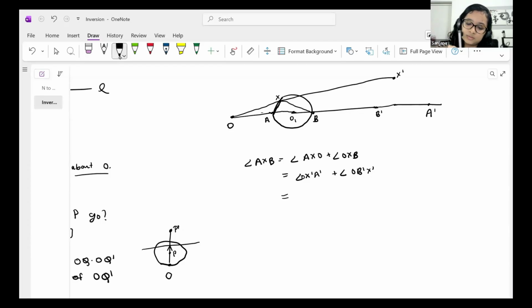Wait, this is OX, this is minus, right? Is this directed? Yeah, okay, sure, but we can keep it minus, I guess. That works.